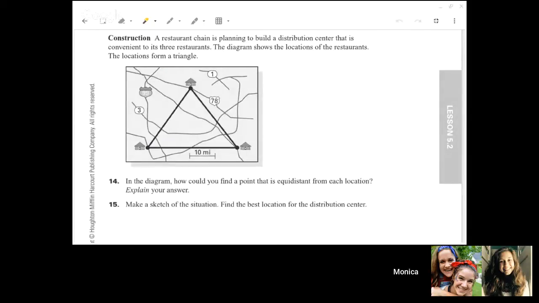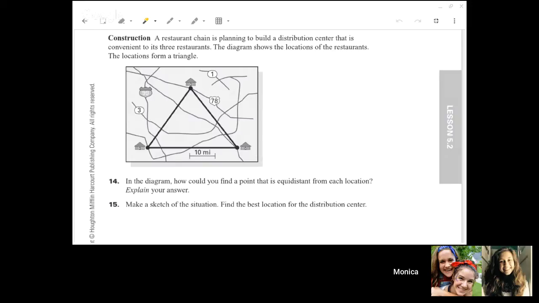All right, can you guys see the problem on there now? Okay, so if we're looking at the picture, the diagram shows the location of the three restaurants and they form a triangle. Isn't that fancy? So for number 14, in the diagram, how could you find a point that is equidistant from each location?